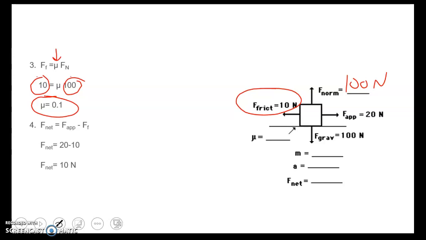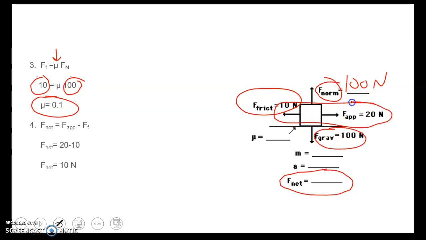Once I know mu is 0.1, I go on to find net force. Since normal force and gravity are the same, the net force is going to be in the x, or horizontal. I have applied force greater than frictional force, which means applied force is positive and frictional force is negative. So I just take 20 minus 10, and I get a net force of 10 newtons.